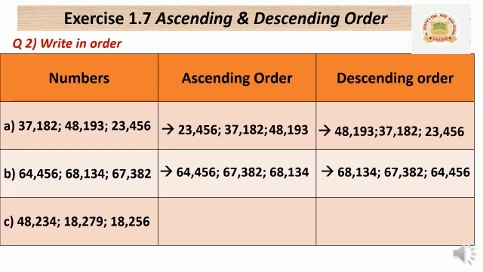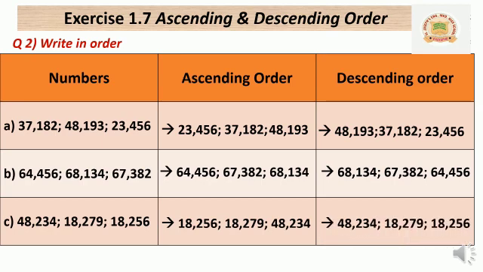Ascending order I am writing. First we write the small number, that is 18,256. Next is 18,279. The biggest is 48,234. Now descending order, which is the biggest number here? Yes, it is 48,234. Next is 18,279. The last number is 18,256. This is the last exercise of your lesson number 1.